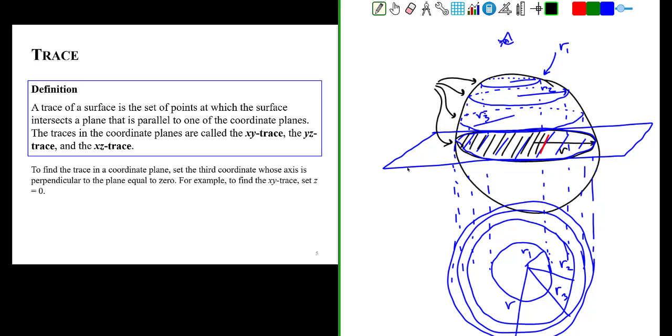Here's another plane that it's parallel to. That trace is comprised of the set of points at which the surface intersects this plane.